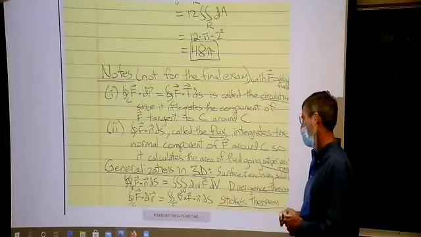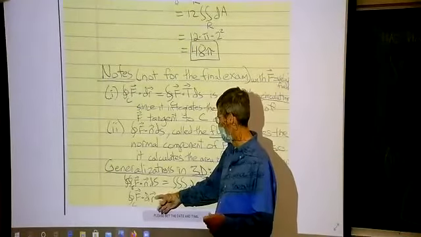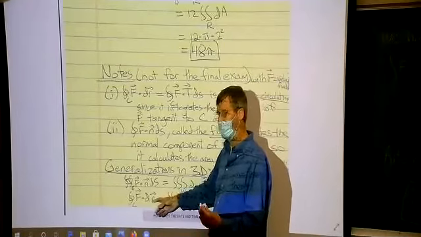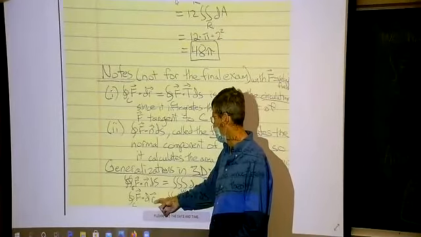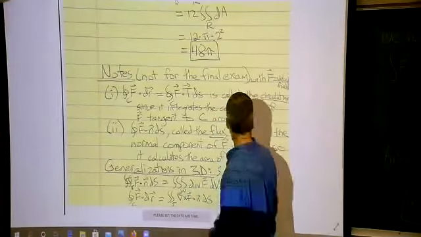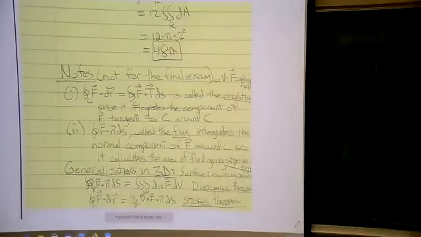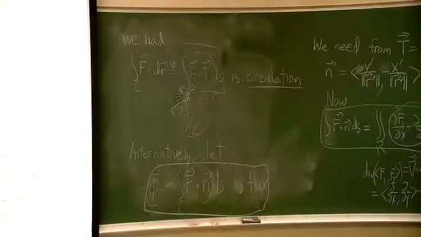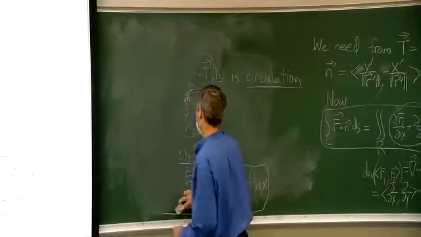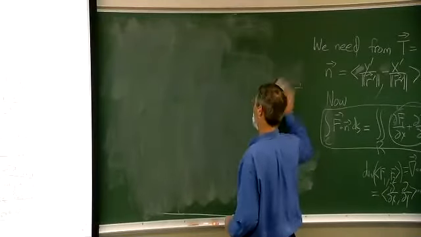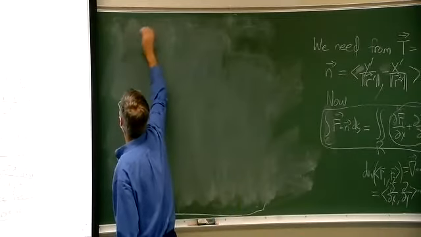Now, furthermore, the other part of Green's theorem said that the integral of F dot dr could be written as dF2/dx minus dF1/dy. Remember that one? That was Green's theorem. Green's theorem itself extends to one more dimension. So, higher dimensions.